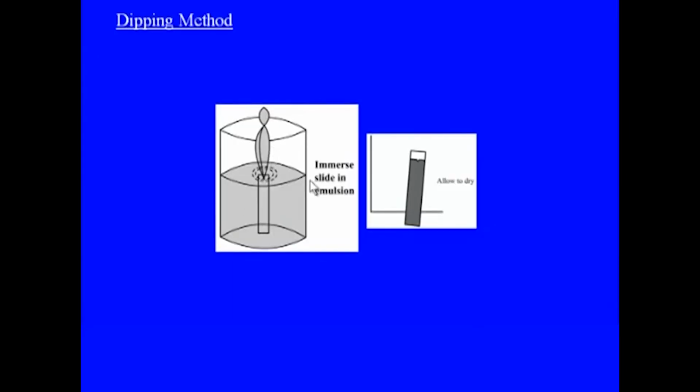If you can see here, in the dipping method, which is used for liquid emulsions, there is a liquid emulsion filled in this beaker, and you have a slide which contains the specimen or the sample. You dip the slide into the liquid emulsion which is melted and then take it off, and then it is allowed to dry.